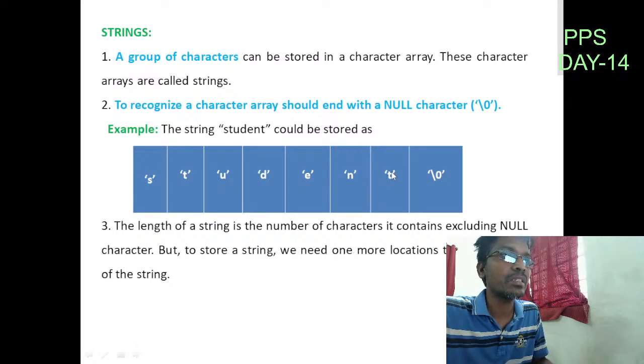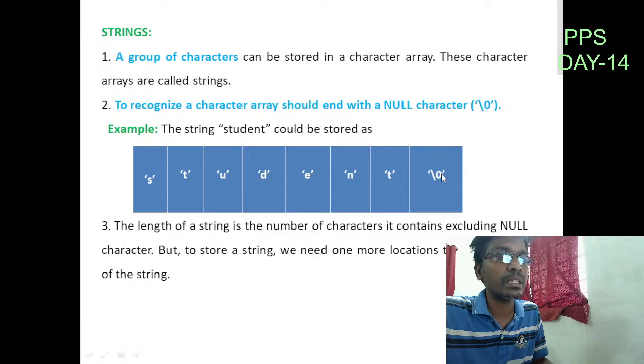That means the size of the array will be 8: up to 7 we store the characters, and the last, 8th location stores the null value. I hope you understand. While taking the length of a given string, you take only the characters.